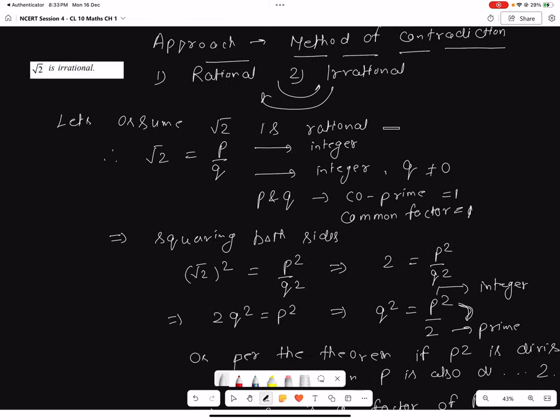And you all know, because you have studied in class 9 also, if a number is a rational number, then we can actually write it down in this form, p upon q. P is an integer, q is an integer, q is not equal to 0, and their HCF would be 1, right? So these are the properties of a rational number.